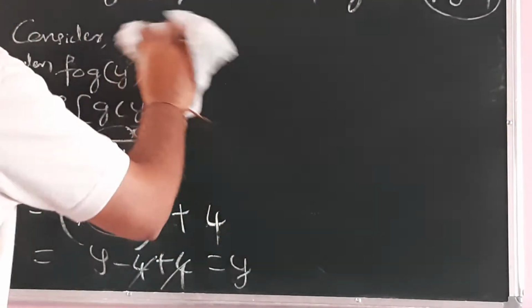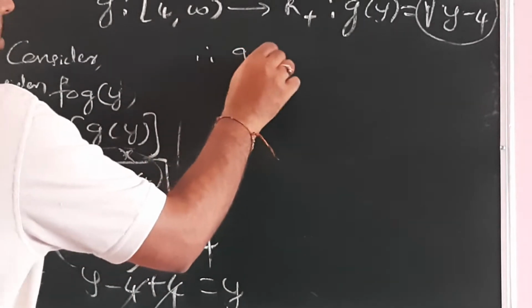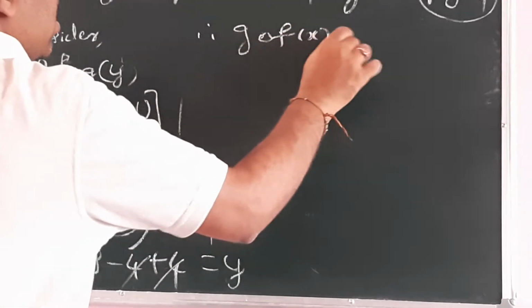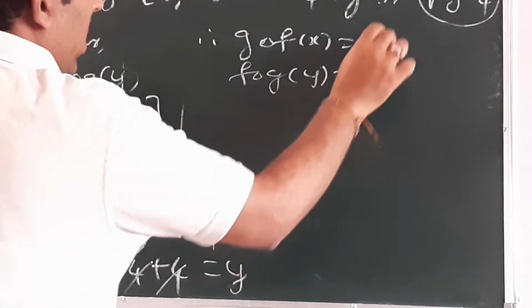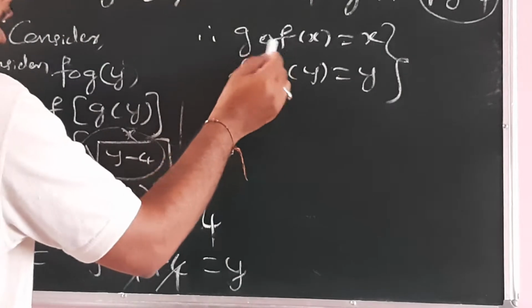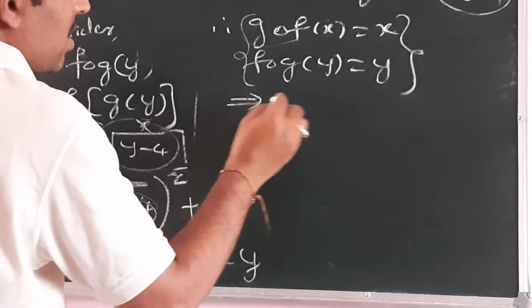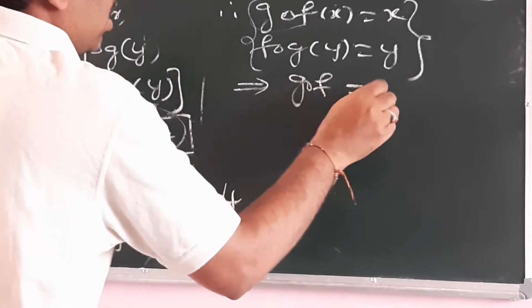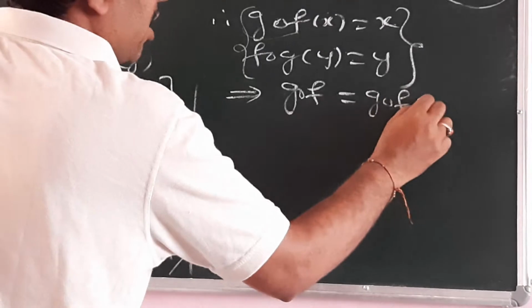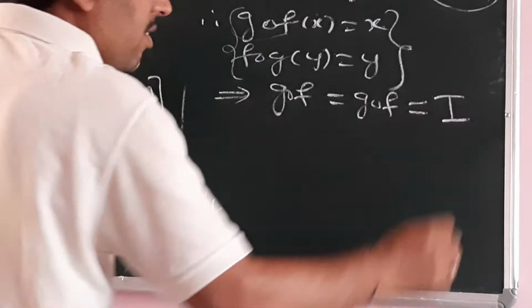Let's continue here. Therefore, we have proved that g of f of x is equal to x and f of g of y is equal to y. The compositions of these two functions equal x and y. This implies that the composition of f and g and the composition of g and f are both identity functions.